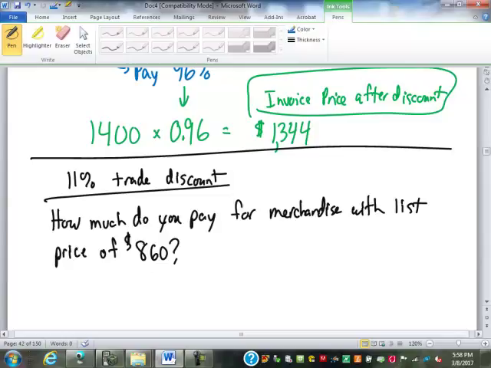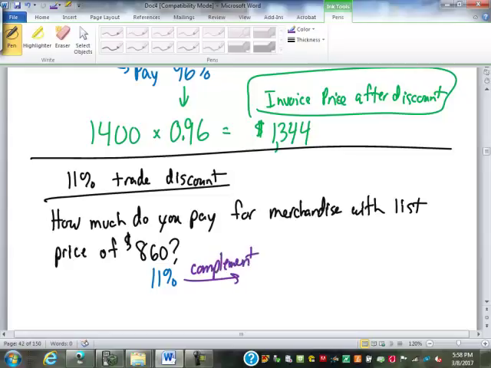Some of you might be doubting your answer right now because that first example I did a really long-winded explanation for a relatively simple calculation. What is our trade discount here? 11%, yes. We need the complement of that, which is what? 89.